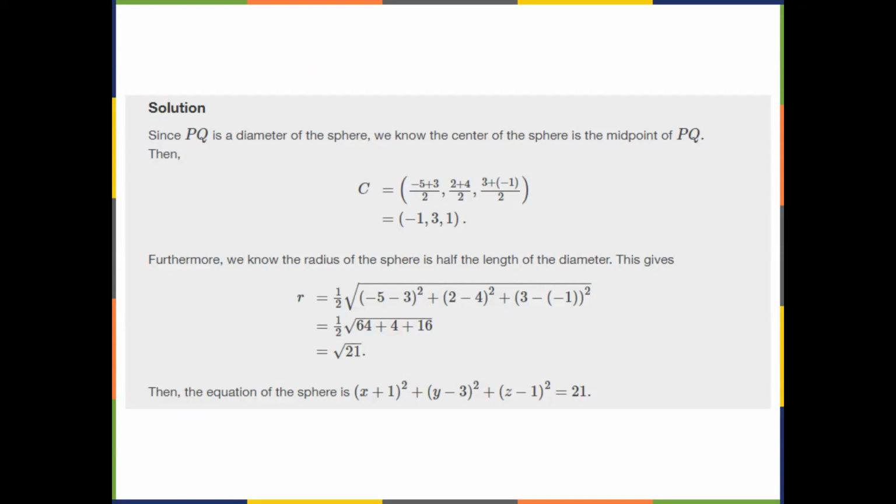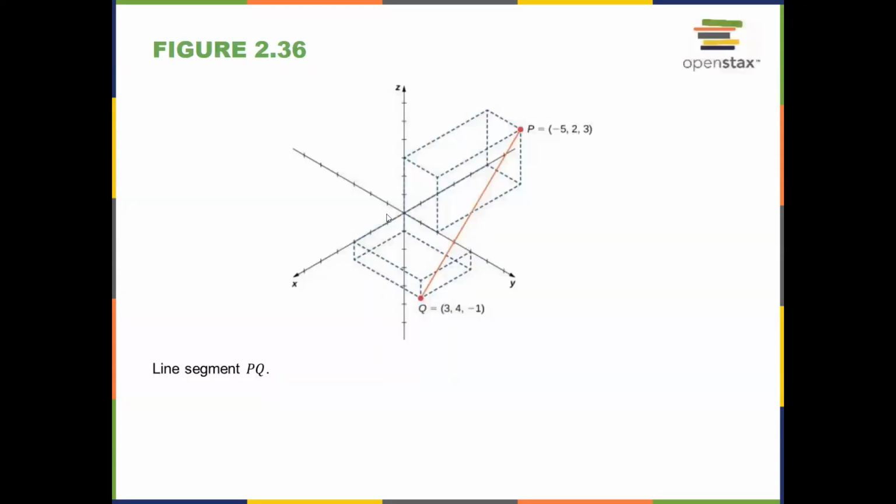So then you find the center, and then once you find the center, you can use the information given to find the radius. And then once you find the radius, you can figure out your equation. Okay, I do think that was interesting.